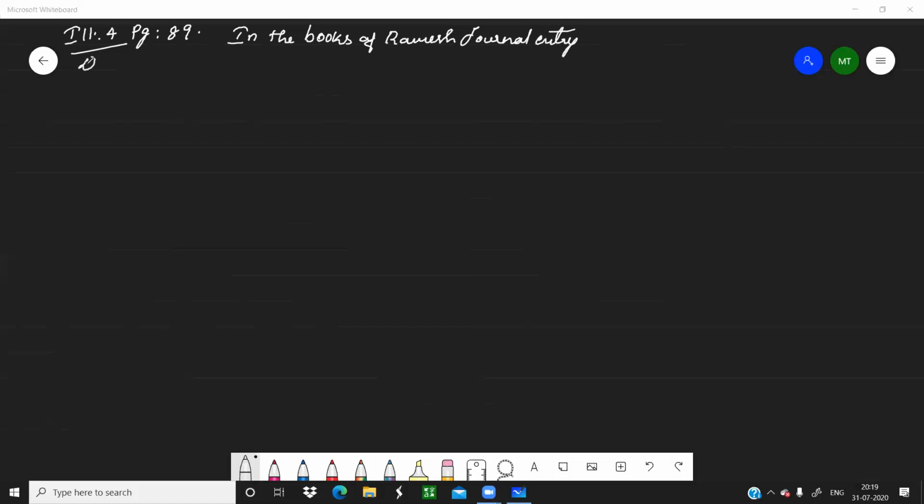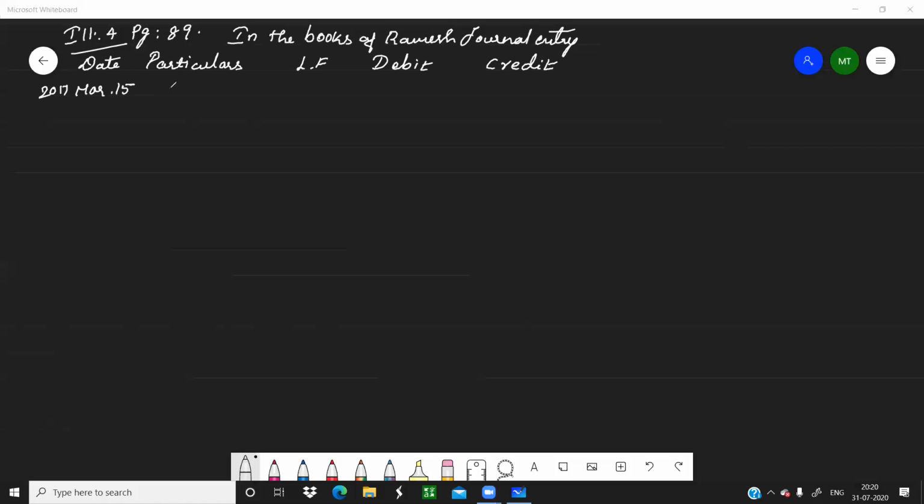So first one date, then particulars, then LF, then debit, then credit. Okay, so first, 2017 March 15. Ramesh paid rupees 13,800 in full settlement of his account, rupees 15,000 due to his creditor Dinesh.